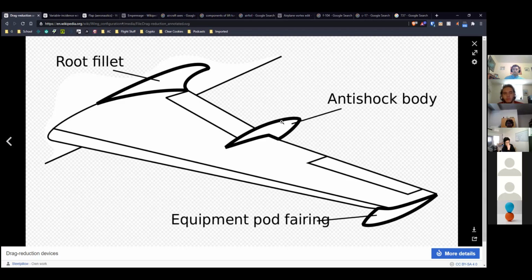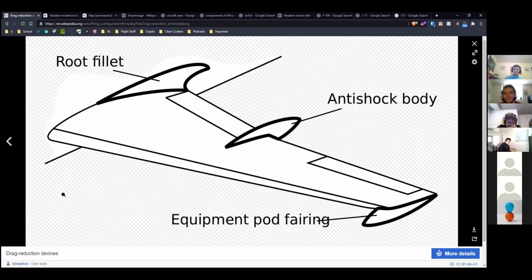And a plane wants to transfer as much energy as it's designed to into lift while transferring as little energy as possible into drag. So if you have stuff that's going to be generating drag and you have a way to make it generate less drag, oh wait, I was explaining streamlines.